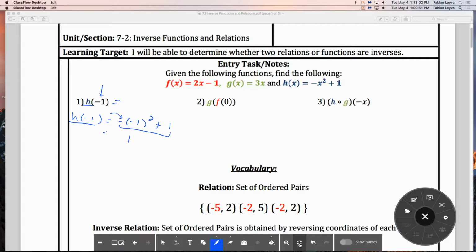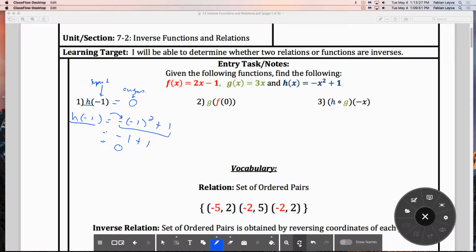Keep in mind that this negative has nothing to do with that square, so it continues to stay on the outside. Don't forget your +1 at the end. -1 plus 1 is 0, so h of -1 equals 0. So when your input is -1, your output is 0. When your x is -1, its associated y is 0.